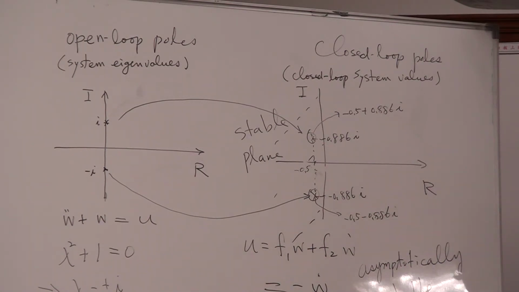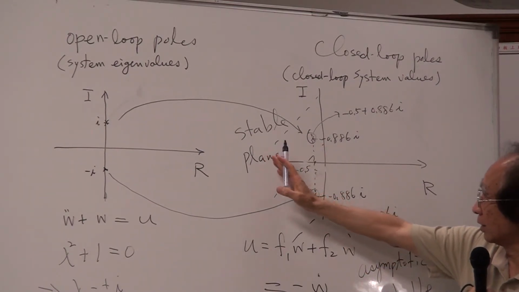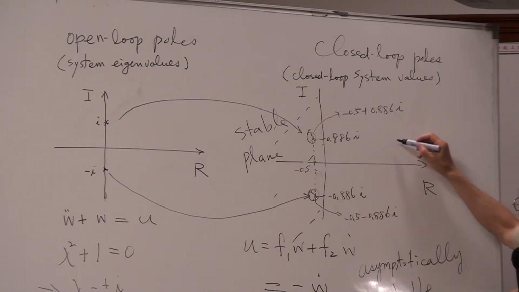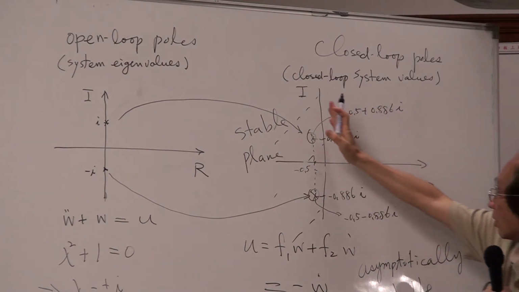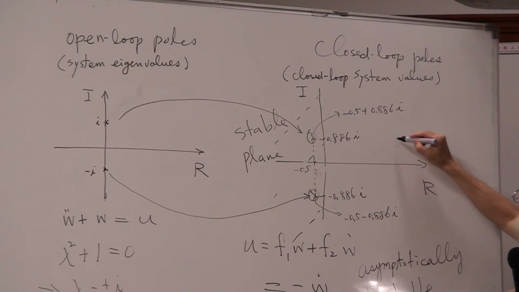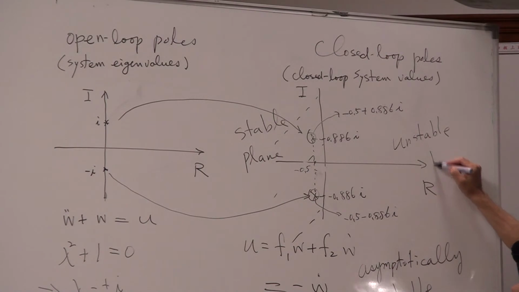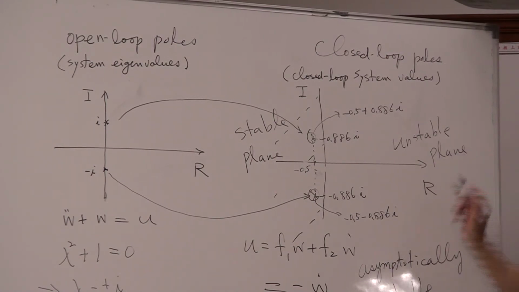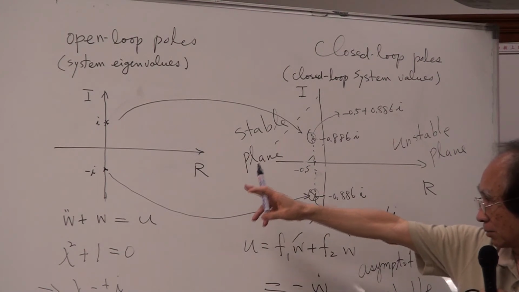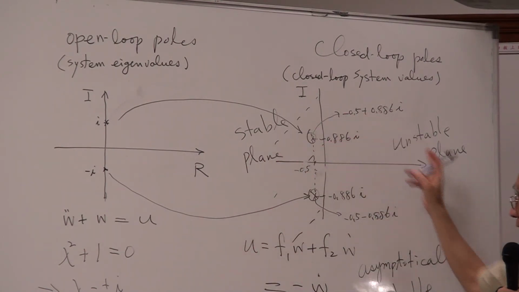Now, if I give you a question, I say, all right, if I want to move my pole from the stable plane to the unstable plane, the right-hand side, this is the unstable plane. If my desired eigenvalue, my desired pole, is an unstable pole, can I move it from the non-damping pole to the unstable pole?